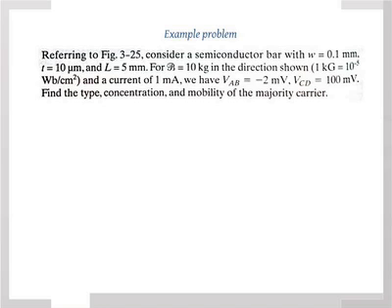Now you know everything, you can calculate it. Just be careful, because these two are negative they will cancel out. But concentration is always positive, so you won't make that mistake if you use some common sense. So you can calculate the electron concentration in this case.